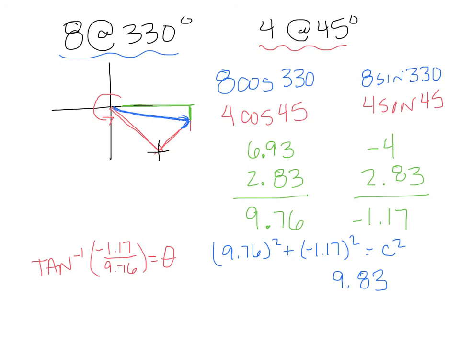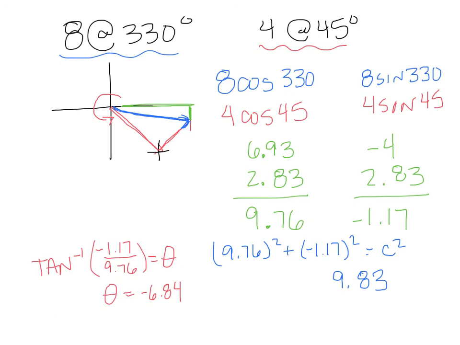Alright, so I got theta to be -6.84 degrees. But again, we want to think about what that angle actually refers to and how we can actually use that in the picture that we have drawn. Now, if we look at our picture, we can see that we're actually part of a whole circle.